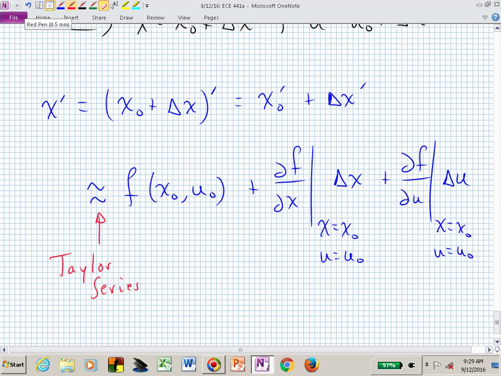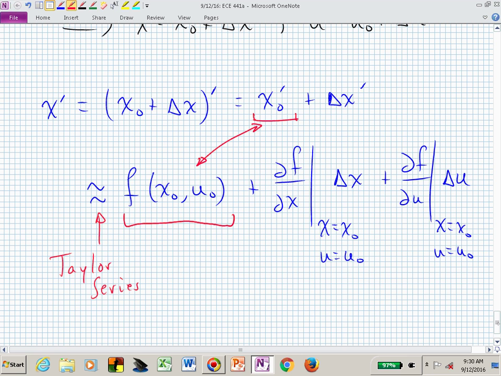And if x naught is where we nominally operate, then the time rate of change of x naught is indeed equal to f of x naught, u naught. If x naught satisfies our underlying differential equation, then these two terms are in fact equal, and they're on opposite sides of this equality, so essentially they cancel each other out. X naught prime, by definition, satisfies f of x naught, u naught. These two now go away, and what are we left with?